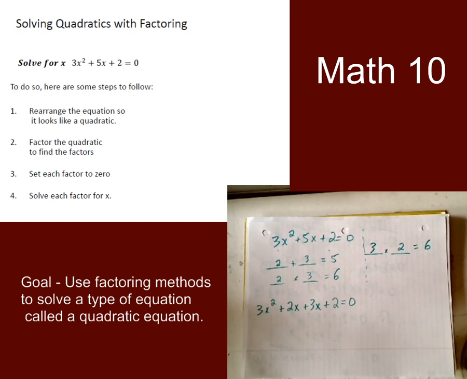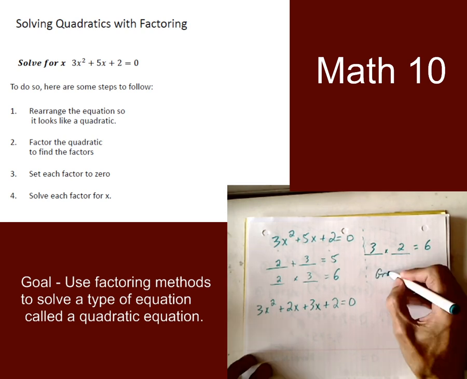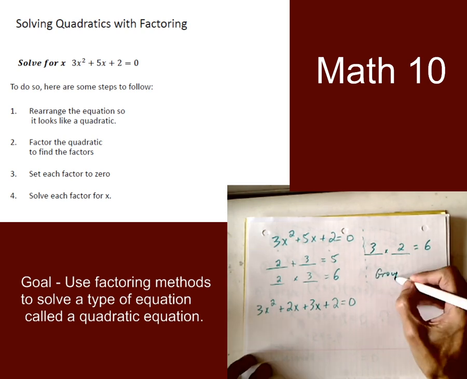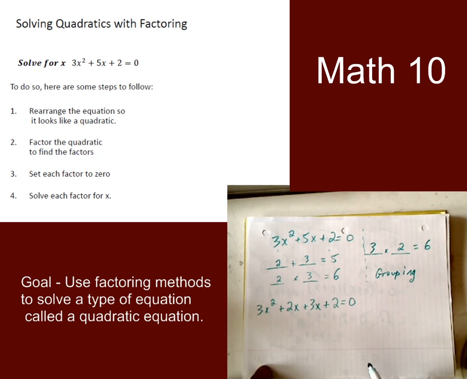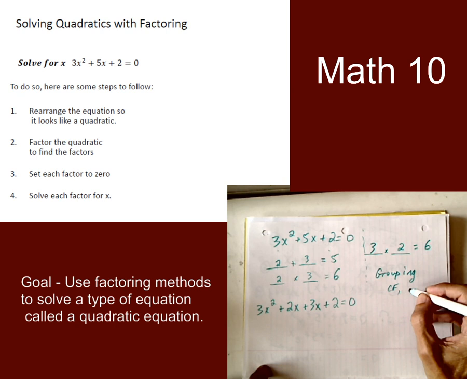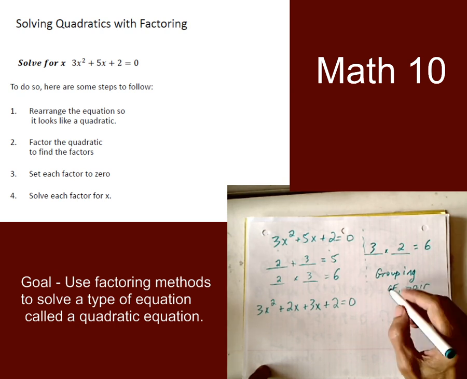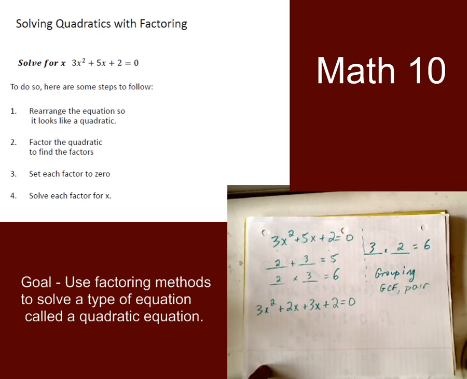That's okay. So, how to move forward? Well, with 4 terms there, we factor by grouping. Hopefully you've recognized that, but just as a reminder, factor by grouping means a common factor from each pair of terms. And not just a common factor, but the greatest common factor, the GCF, from each pair of terms.